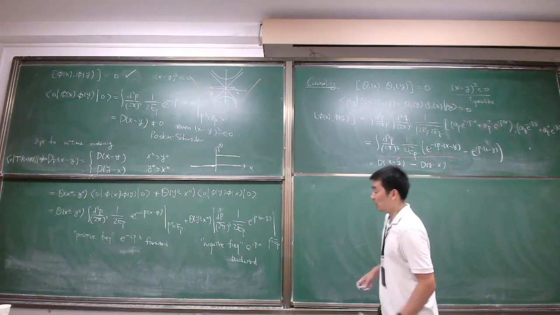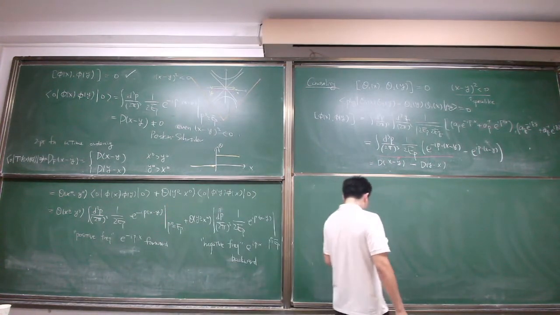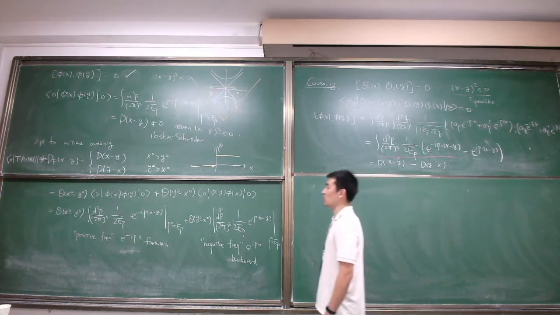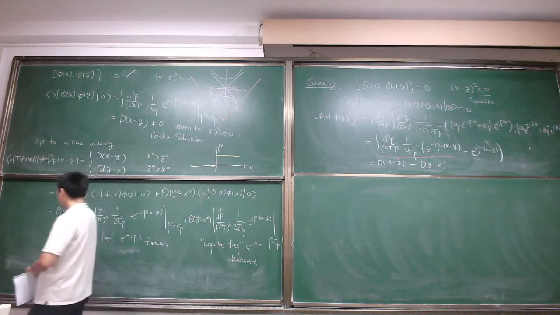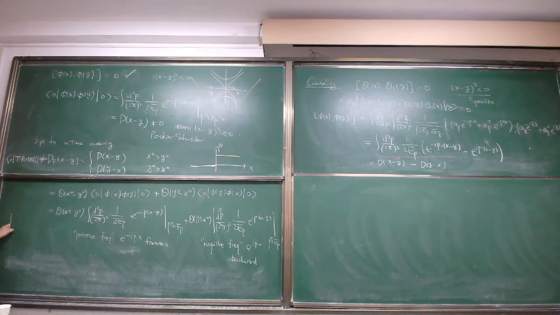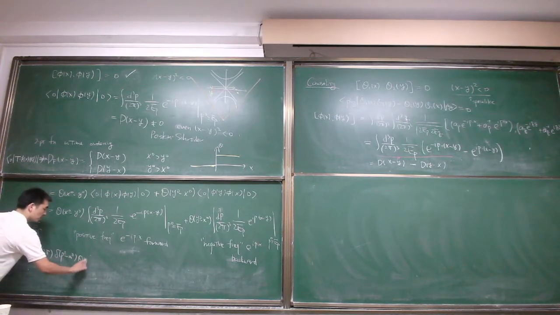Okay, so first let's look at this part. To make it Lorentz invariant, we already know this one is Lorentz invariant, and this one is equal to delta of p squared minus m squared, theta of p0, right?